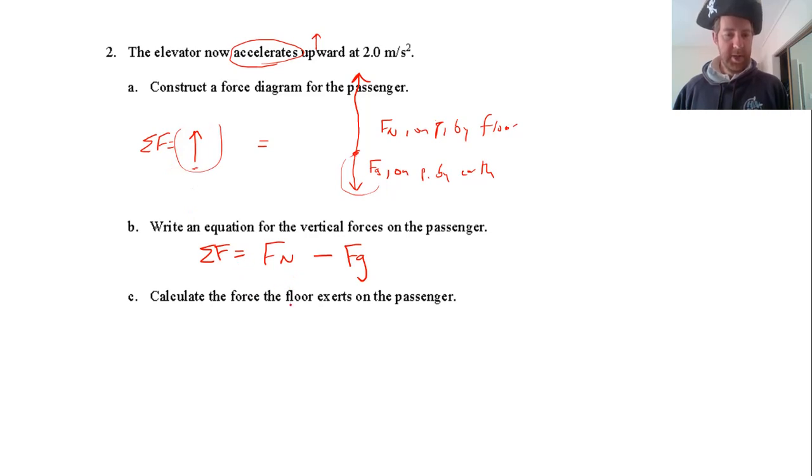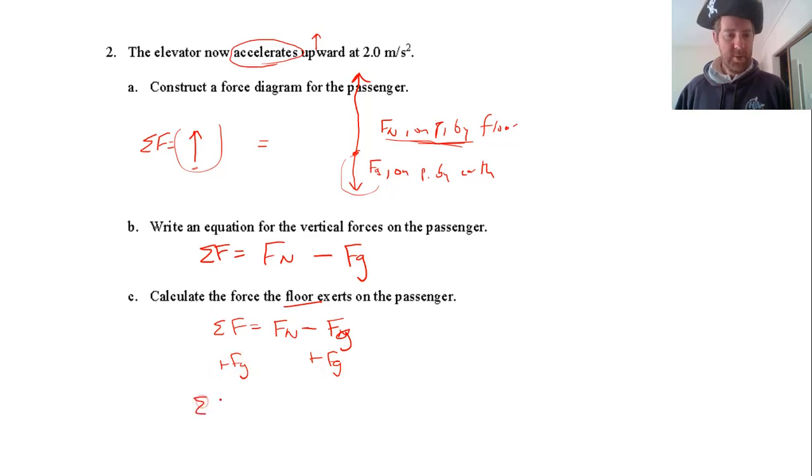So using this, calculate the force the floor exerts. And now I still want to work out my normal force. It looks like it's bigger than gravity. Okay, let's write this out again. I've been asked to work out the force the floor exerts. Okay, that's the normal force. So I'm going to rearrange this to find N. I'm going to add Fg to both sides.